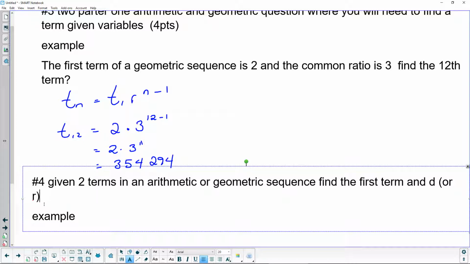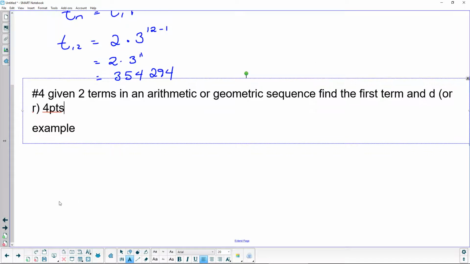So that one, number 4, is worth 4 points, it looks like there. Okay, so let's go ahead and do that example. So let's say it's an arithmetic sequence. I'll type it out. What the heck? Make it neater.